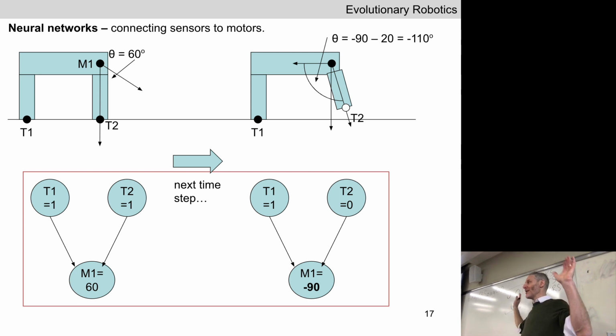We're just assuming there's some evolutionary process in the background that has set these two synaptic weights to 30. Turns out that these two synaptic weights are not actually 30, 30. There's something different. If these two synaptic weights don't change, and when these two neurons are 1, 1, the value arriving here is 60. When the values of these two neurons are 1, 0, the value arriving here is minus 90, a number I made up.